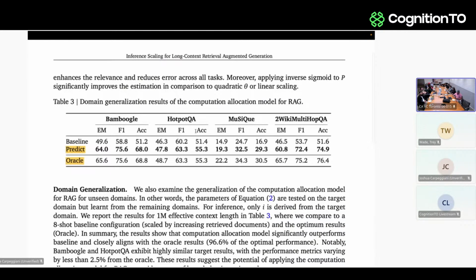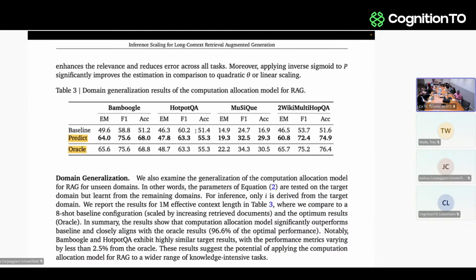And that is about that. That's the main takeaway from this paper, that you can predict the amount of documents and generation steps that you can use in a RAG pipeline.